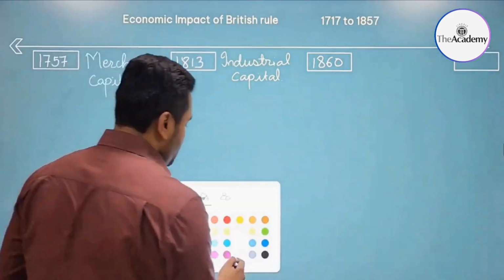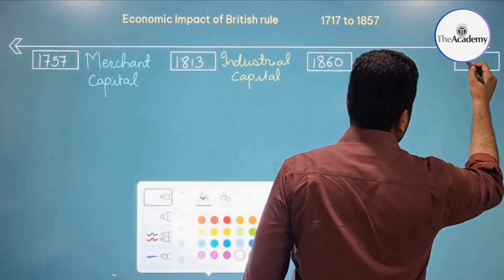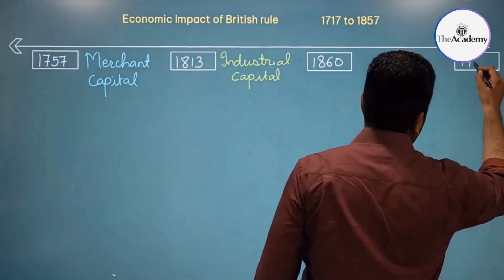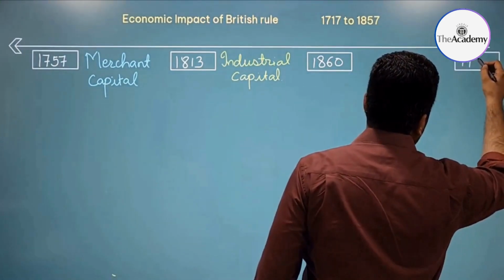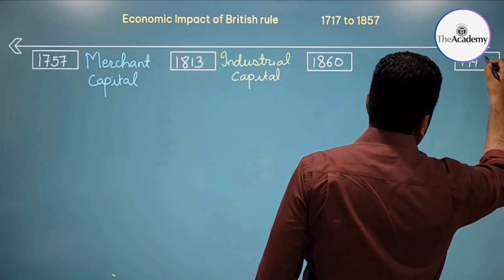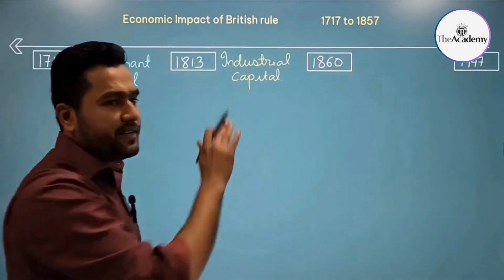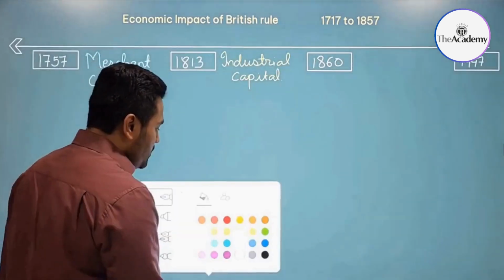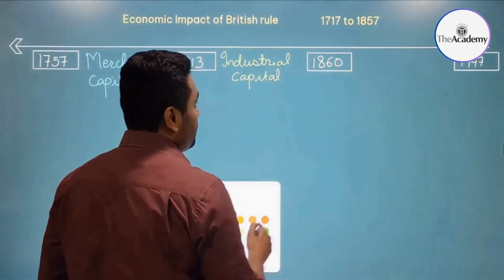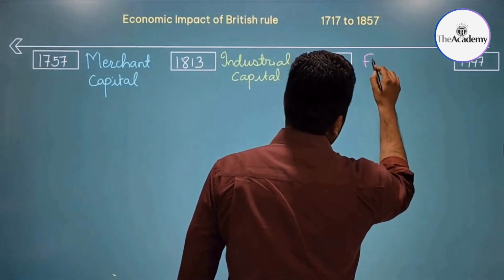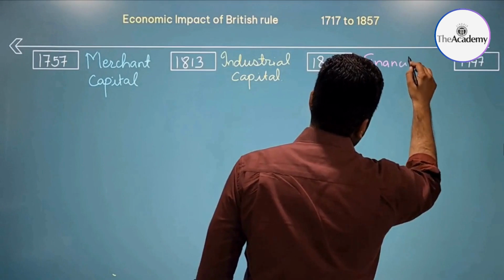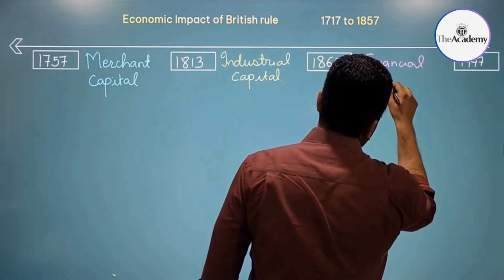And the third stage is from 1860 up till, let us say, independence, or maybe 1935, but we will take it 1947. This particular stage was that of financial capital.